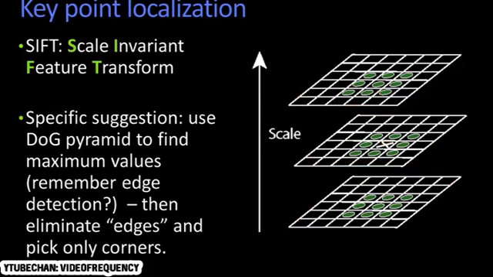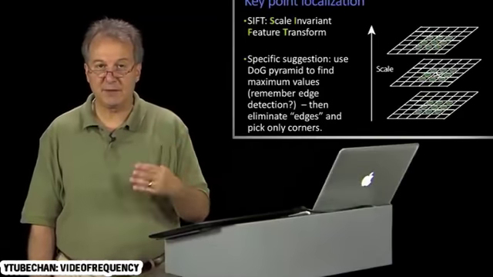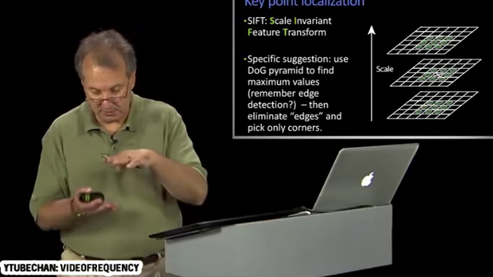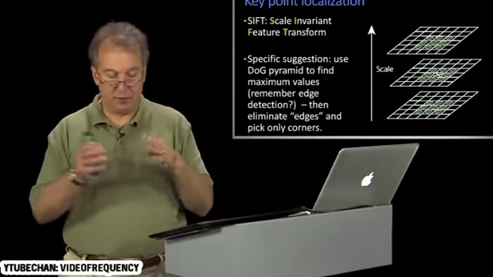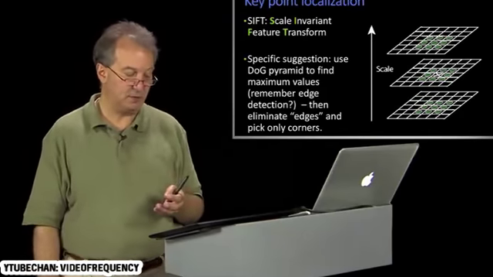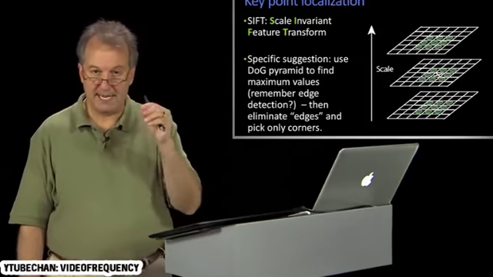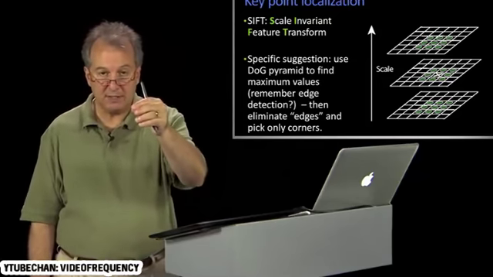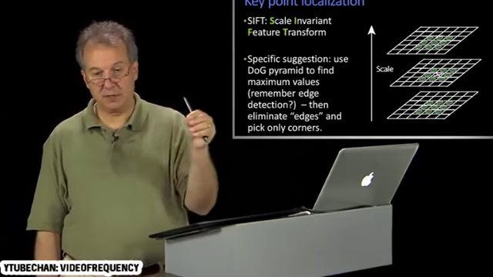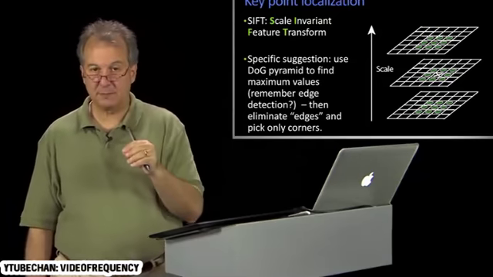A specific way of using that scale space was suggested by David Lowe in the SIFT paper. There was a specific suggestion to do this difference of Gaussian pyramid. What I mean by that is you do it at different scales and over space to find maximum values in all those. Now, sometimes you might land along edges. Okay, so you're on a maximum value, but it's really just the maximum along an edge.